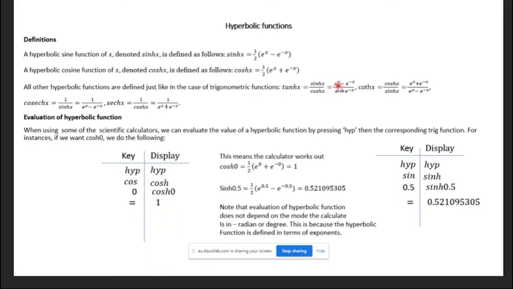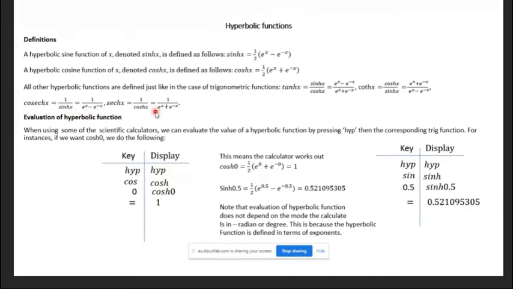It will be e to the exponent x minus e to the exponent negative x, over e to the exponent x plus e to the exponent negative x. Hyperbolic cotangent will be hyperbolic cos over hyperbolic sine, the same way as cotangent is cos over sine. And hyperbolic cosecant is going to be 1 over hyperbolic sine, and so on.